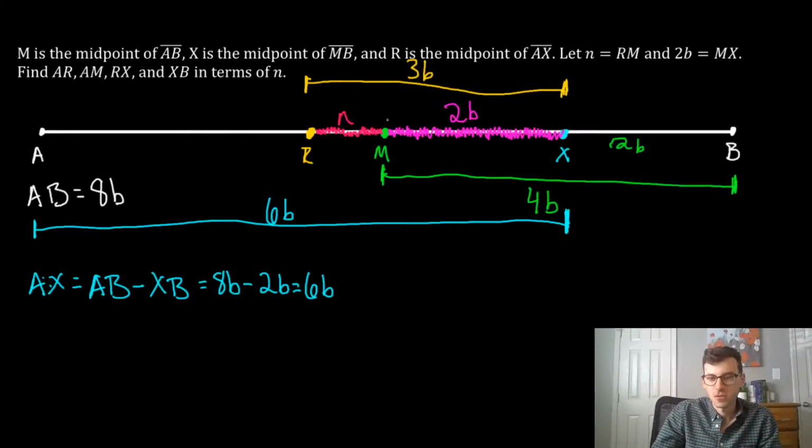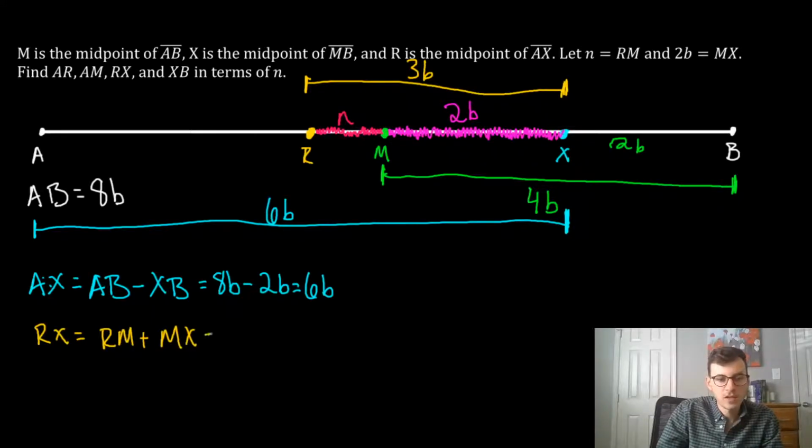That feels pretty good, because if we know RX is 3B, then what is RM? RX is equal to RM plus MX.